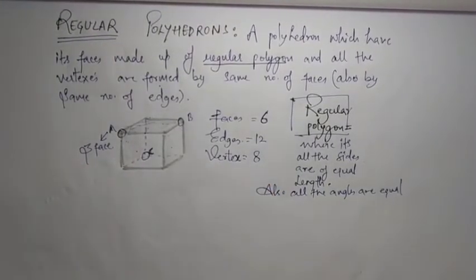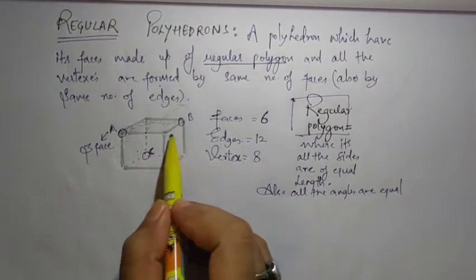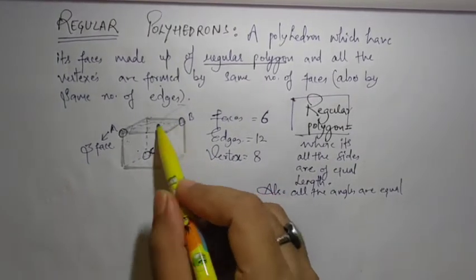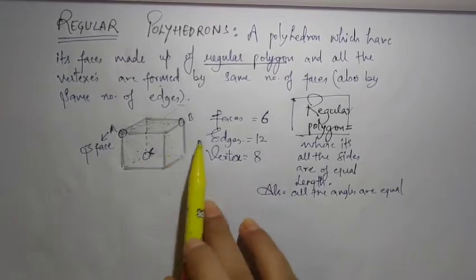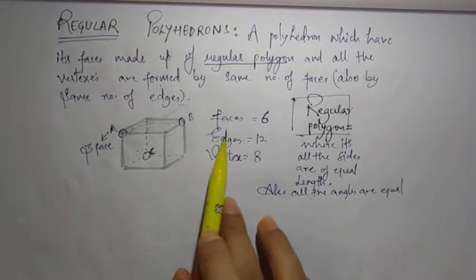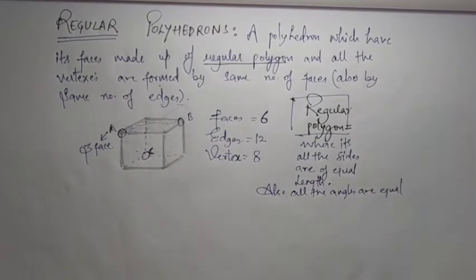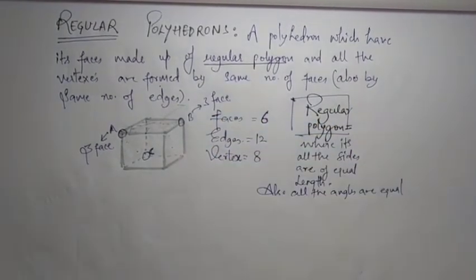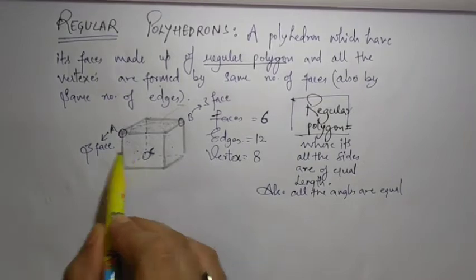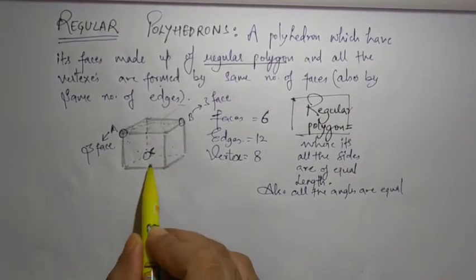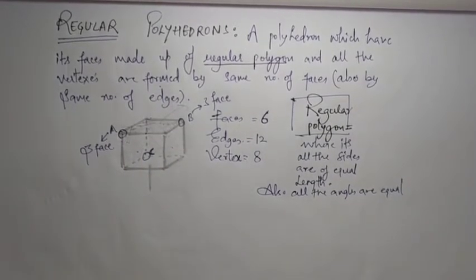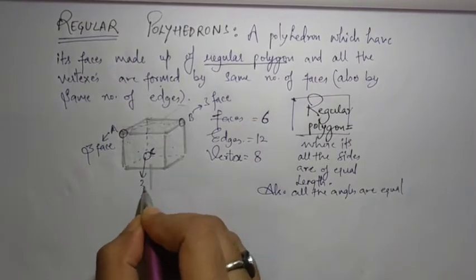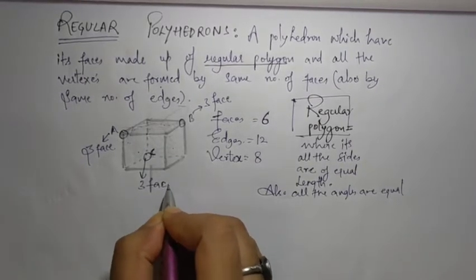Similarly for B, this face, a backward face, and this side face. So again this also has three faces. Similarly for C, it is clearly visible, this face and the bottom one. C also has three faces forming it.